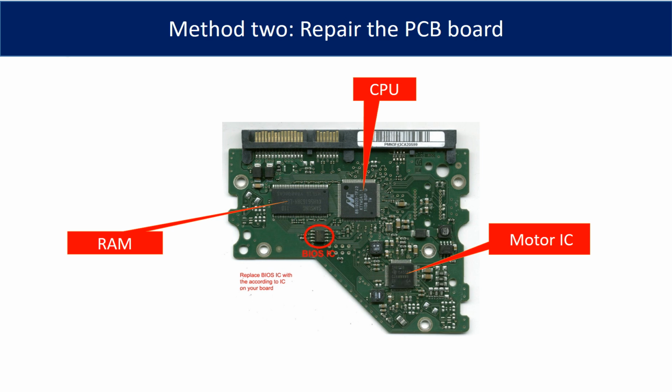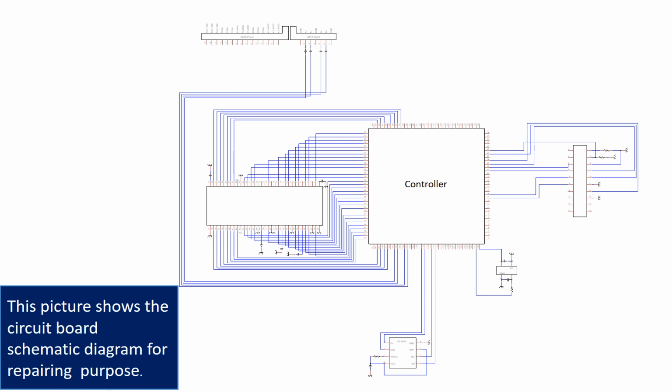You may use this picture as a reference to fix the PCB board. The most vulnerable parts on the PCB board are the power supply circuit and the motor IC. This picture shows the PCB board schematic diagram for repairing purposes.